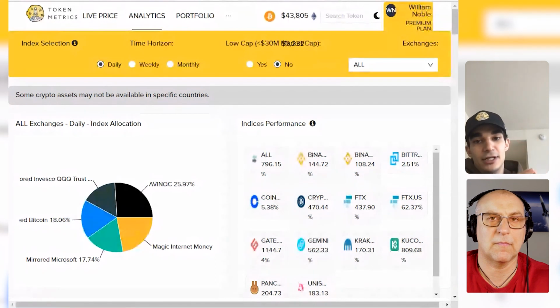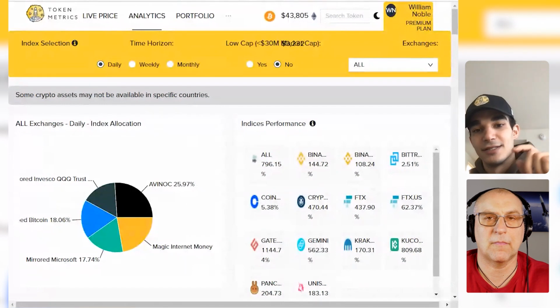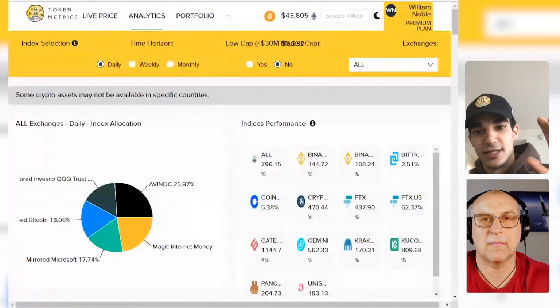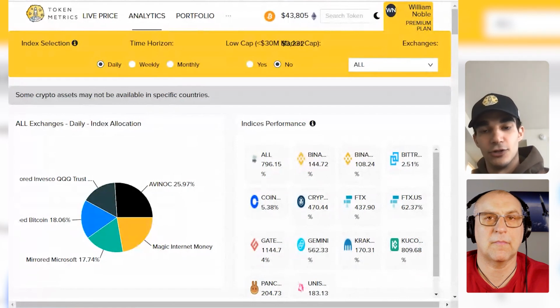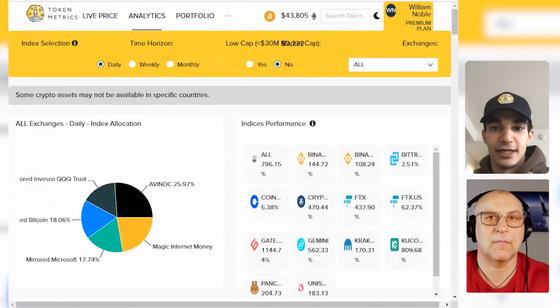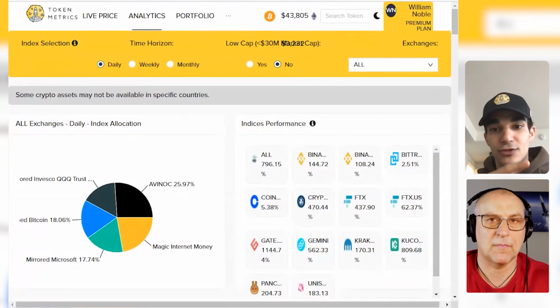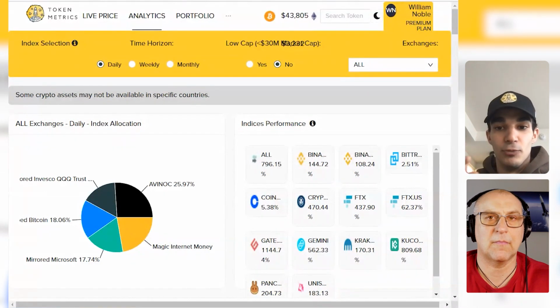And another very interesting and important part: by construction, since the all exchange index is looking at all the coins that are tradable on all the different exchanges, it's usually going to be the first index to start going to cash, going to mirrored equities like here, or going to Pax Gold.